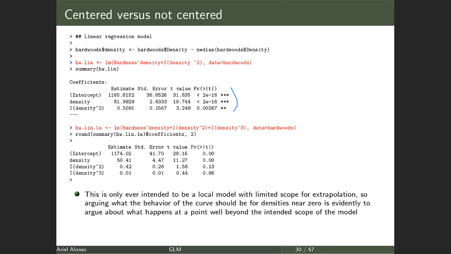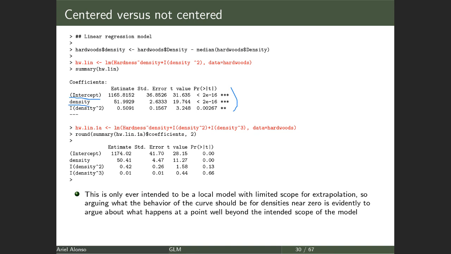So it would be very difficult to argue what actually happens at this point zero, because we do not have data there, except that we know that the curve should pass through zero. But should it pass in a flat way, as a quadratic term alone will imply? Probably not.